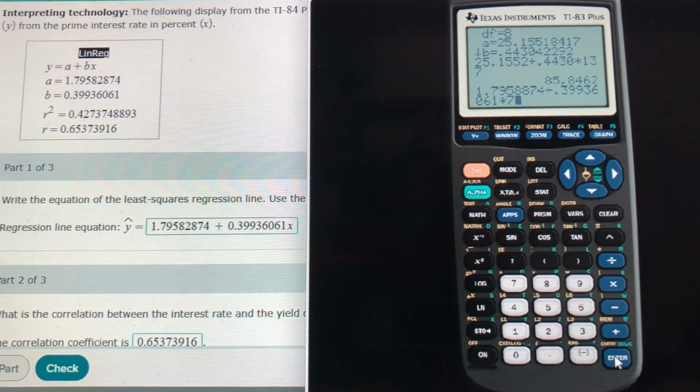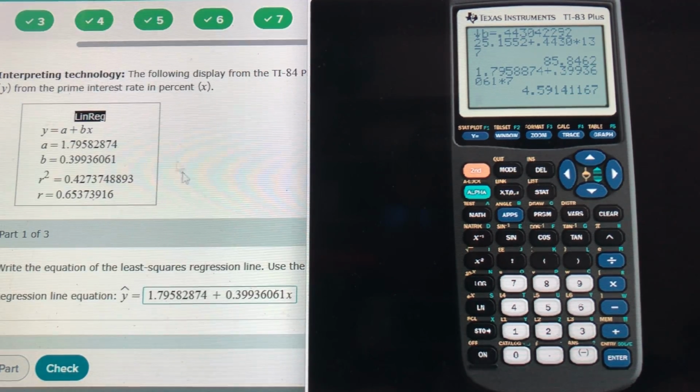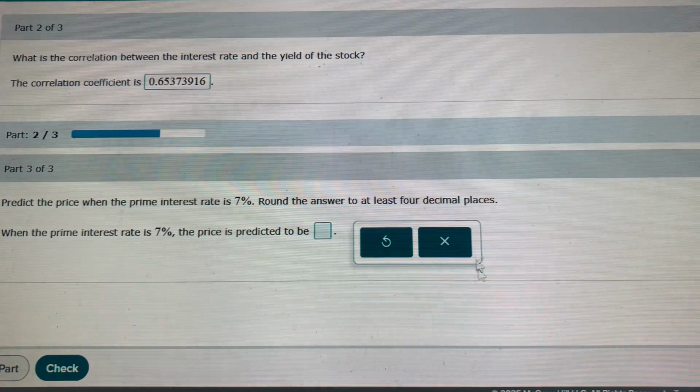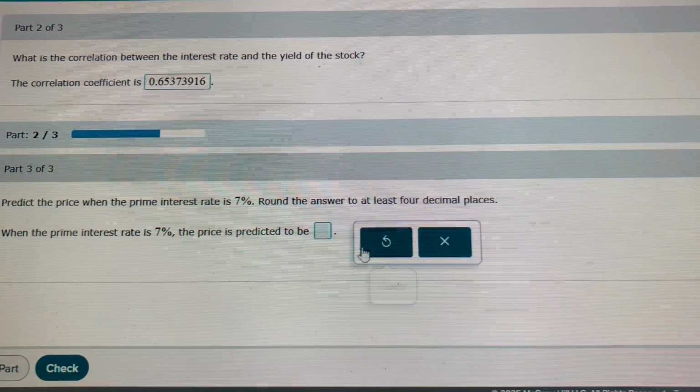Don't make it a decimal. It said 7% here, and this shows percent, so they want you to leave it alone. Round to 4 decimals, 4.5914.